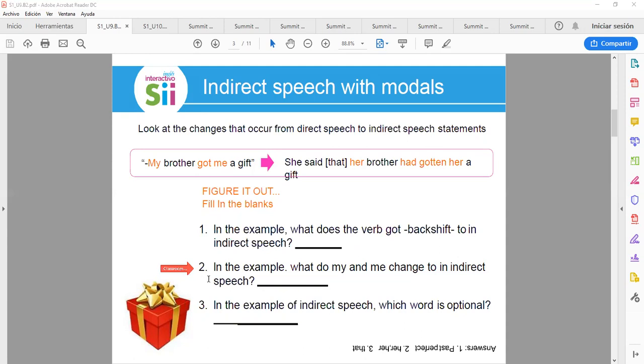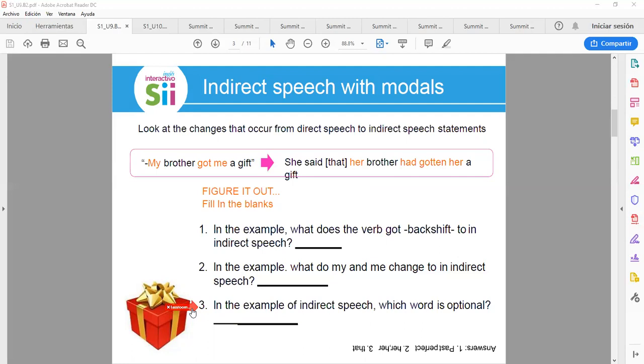Excellent, yes. We are going to change them to her and her. Number 3, in the example of indirect speech, which word is optional? Excellent. Yes, the optional word is that.